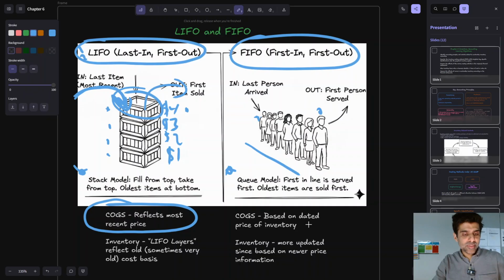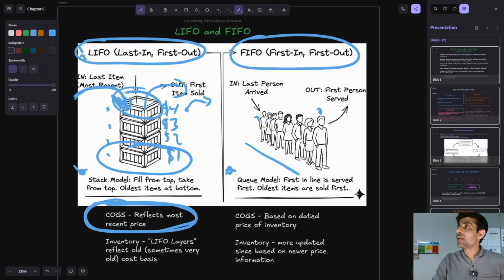We bought this most recently, but it's also going to come out as cost of goods sold. So the old one is just going to sit here lingering at $1. You can argue that's good because cost of goods sold is going to be accurate as to what the current market is for that particular item I'm selling.